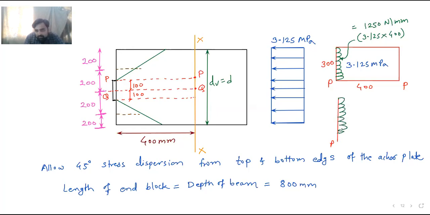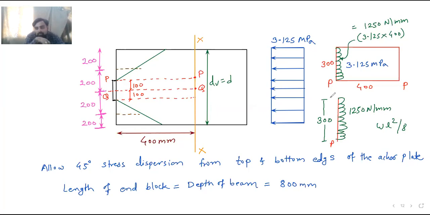Its value is 1250 Newton per mm. Please check the calculations also. And this span is 300 mm. Now I want to find out the bending moment. So my bending moment will be WL square by 8, as this is simply supported.